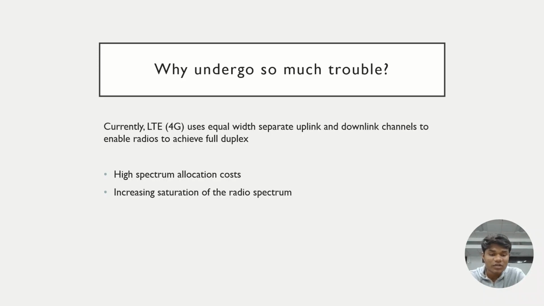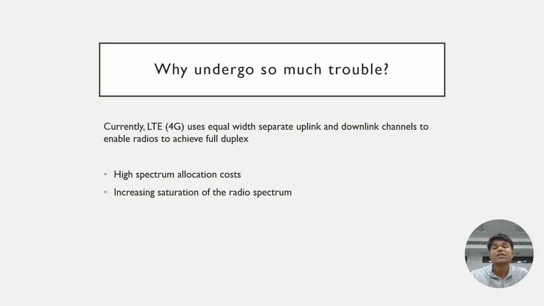So the cost of acquiring spectrum is quite high, and for double channel full duplex you are going to buy two separate channels. And imagine the cost cutting that can be achieved if that same communication can be done using a single channel. So this is where full duplex shines.